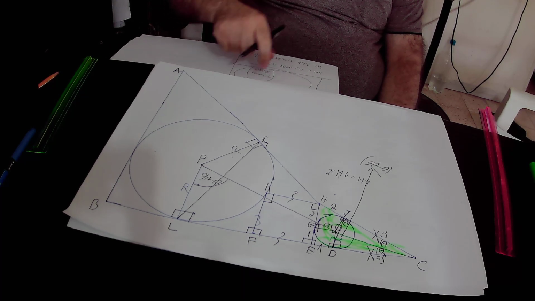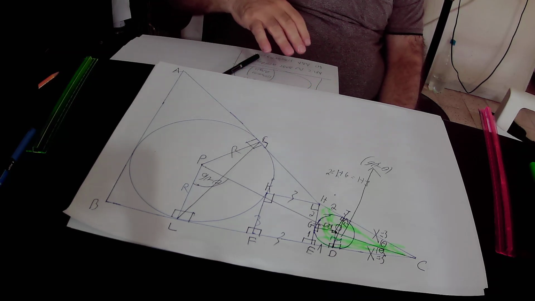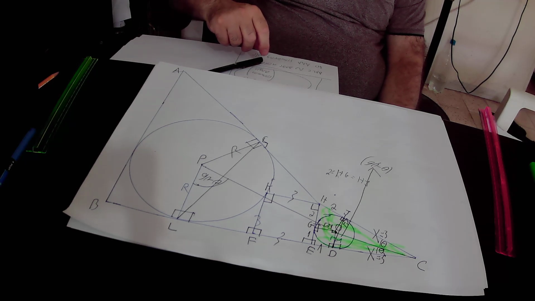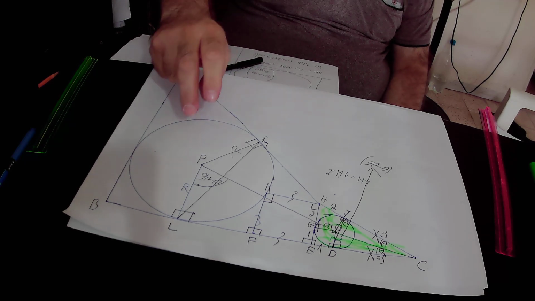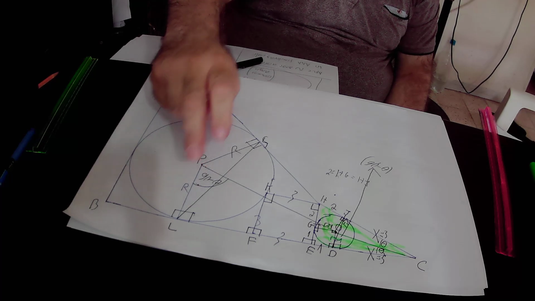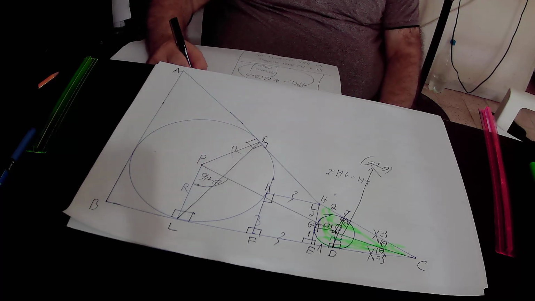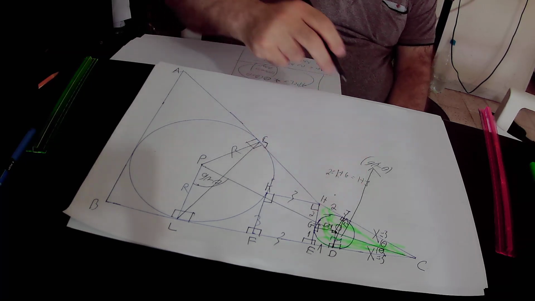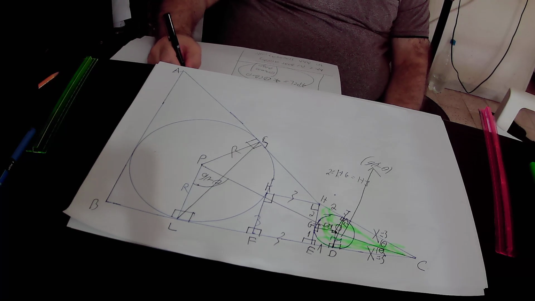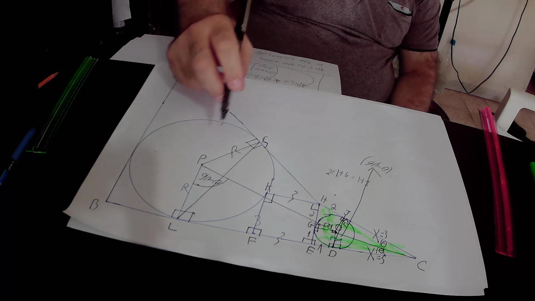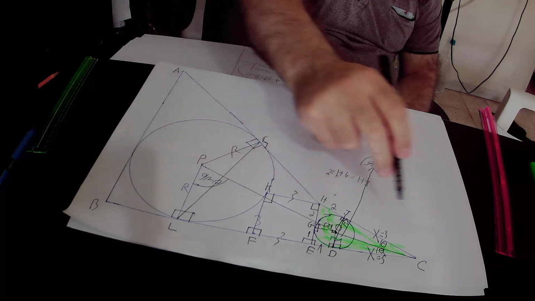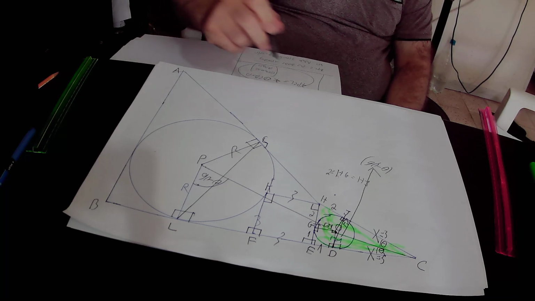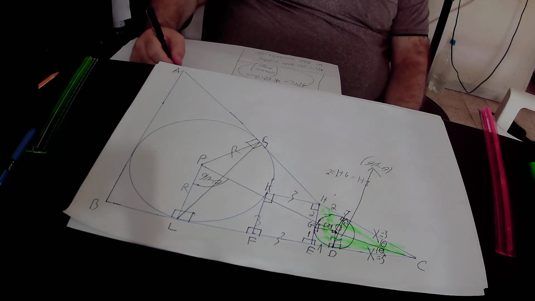And from the fact that those two right triangles are similar to each other, we derive that the following relationship exists between their sides. We derive that PL in the big right triangle over OD in the small green right triangle is equal to LC in the big right triangle over DC in the small green right triangle.